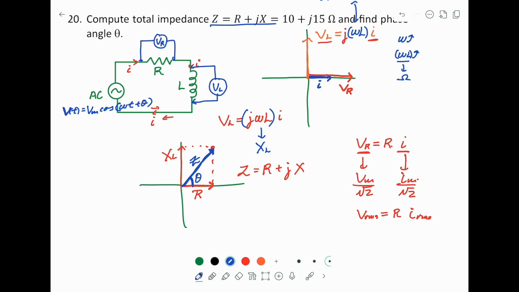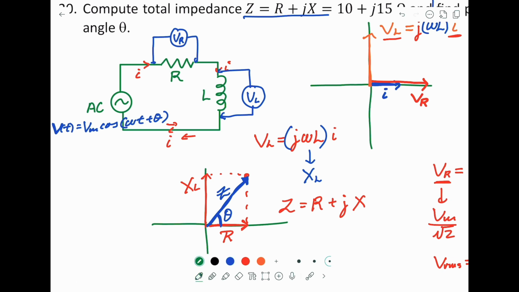The voltage across the resistor is Vm cosine omega t, and here the voltage across the inductor VL is Vm, for the inductor of course, cosine omega t plus 90 degrees.